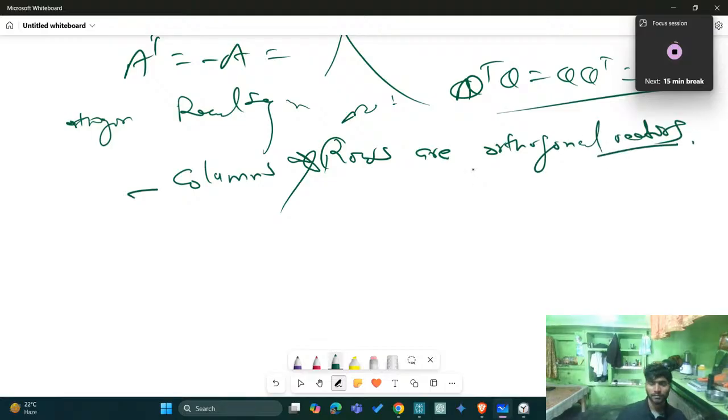All right. This is why we call it an orthogonal matrix: the columns or rows are orthogonal vectors.